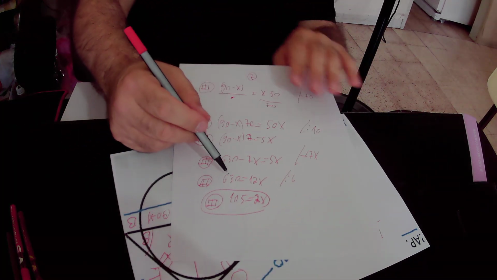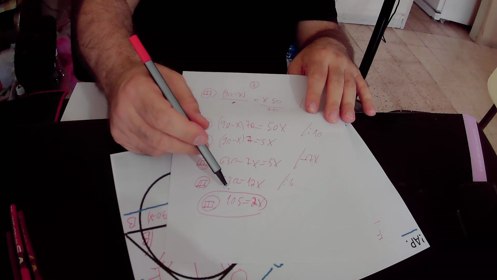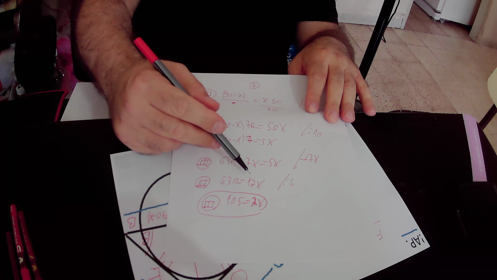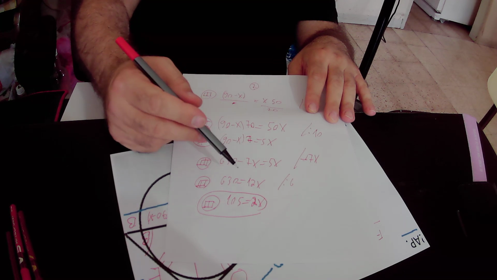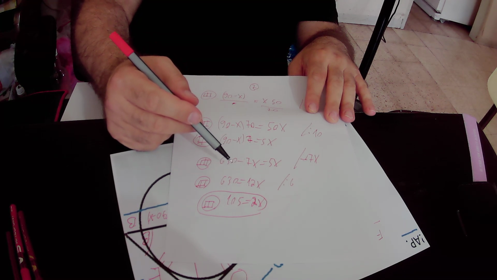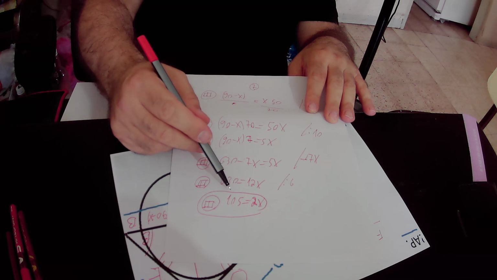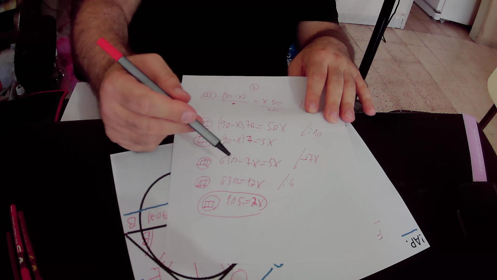So 630 divided by 6 equals 105, and 12x divided by 6 equals 2x. So we got that 105 equals 2x.